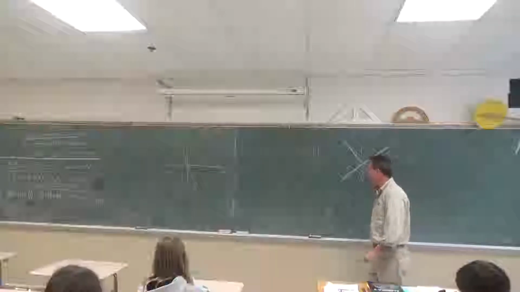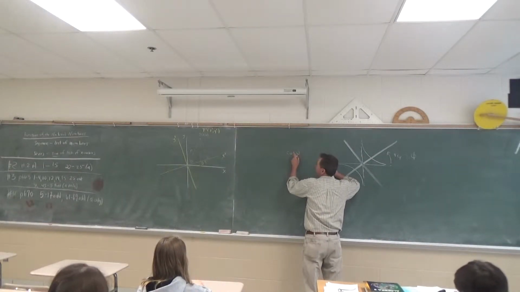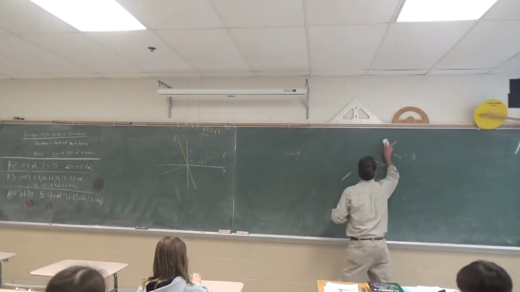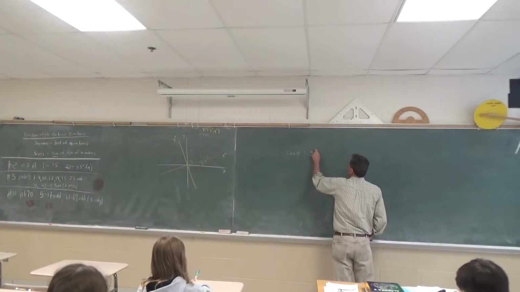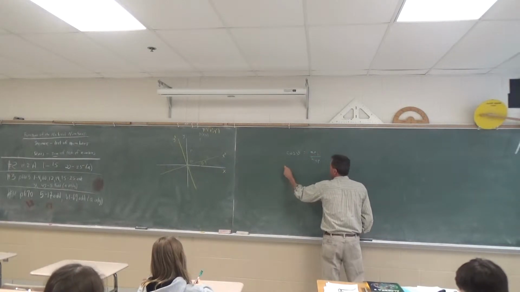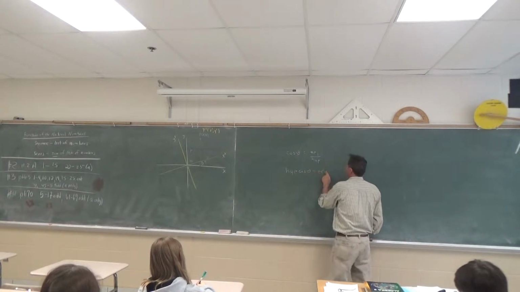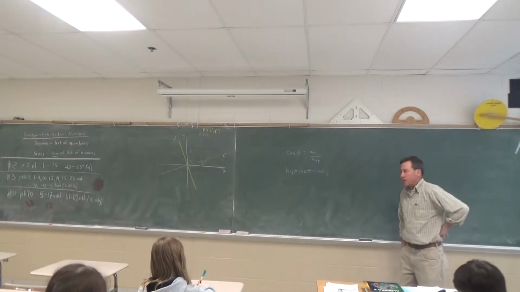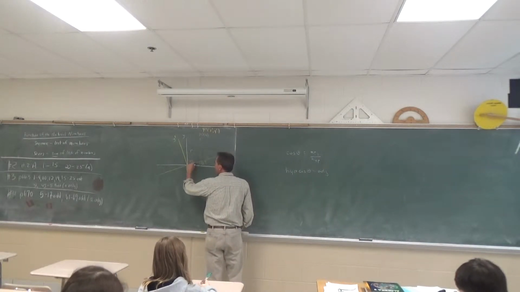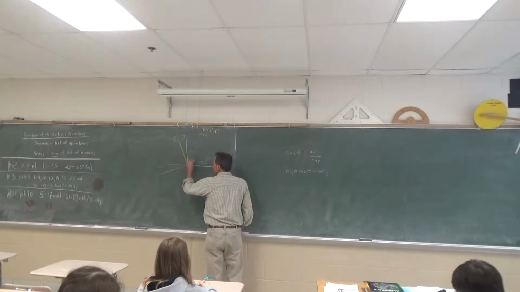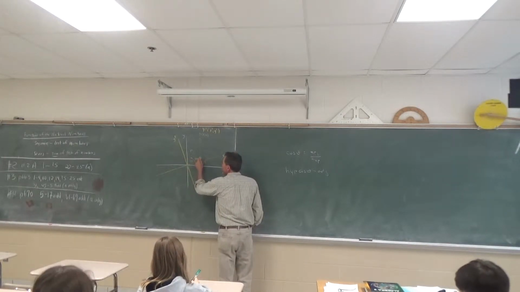Now, what do you know about the definition of cosine of an angle? Adjacent over hypotenuse. Isn't the hypotenuse times cosine theta equal to the adjacent? If I call this phi and this theta, that angle there is a central angle, and that is theta plus phi.